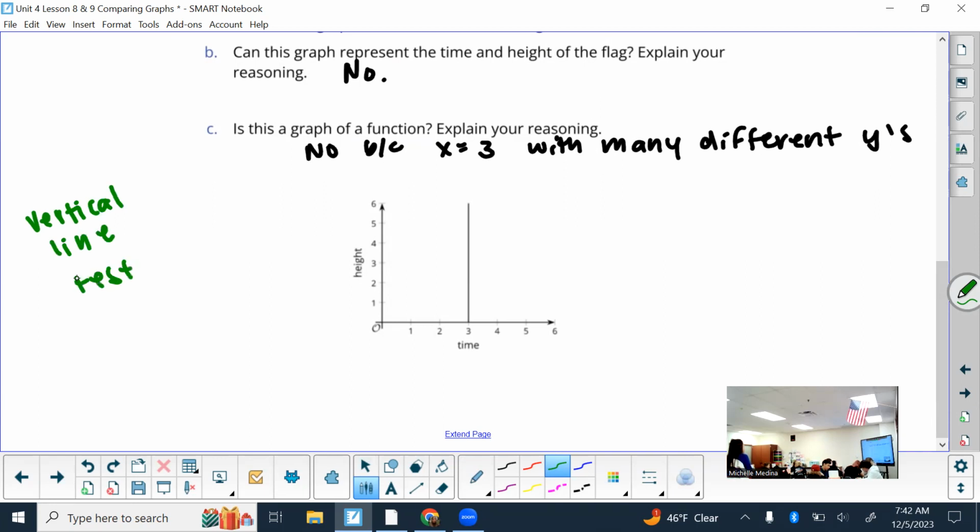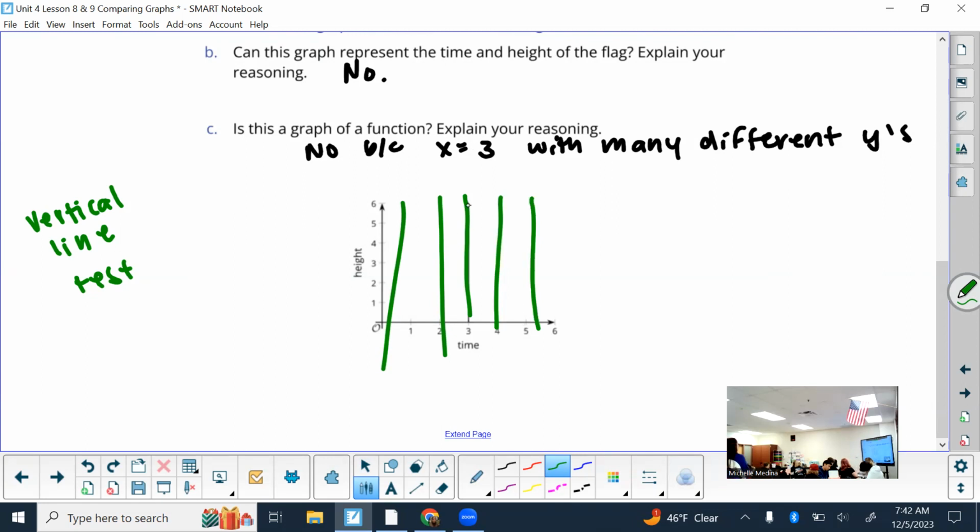In this test, it's to see if something's a function or not. You basically draw a vertical line through your graph, and if it touches the graph in more than one spot, then it's not a function.